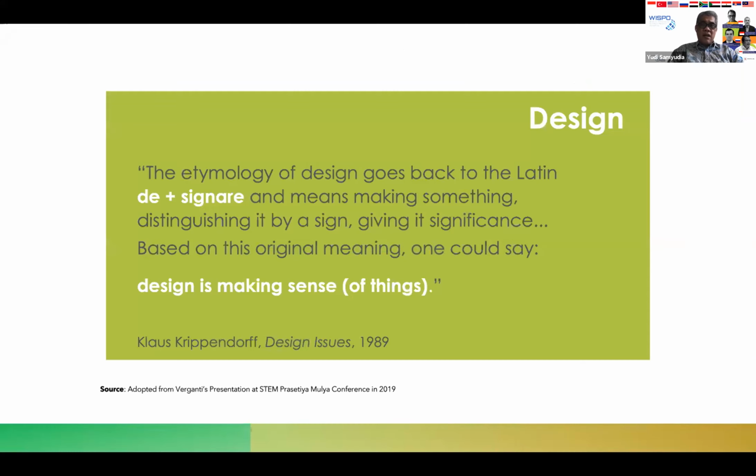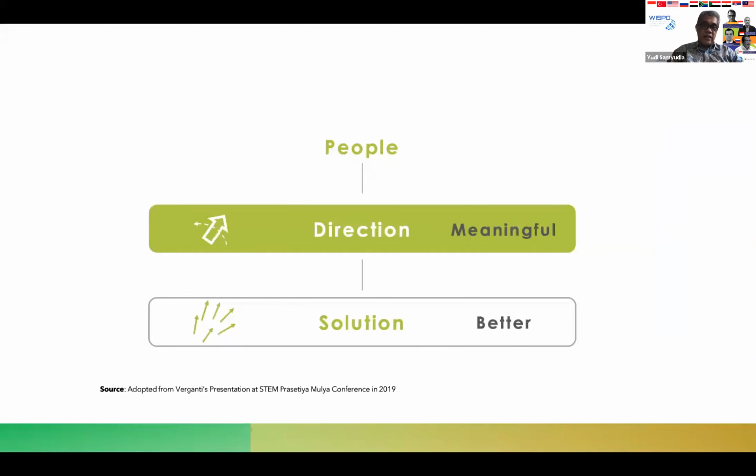We call it design-driven innovation. Design is something where we try to make sense of things, meaning that we increase the meaning of the product or the thing that we create.